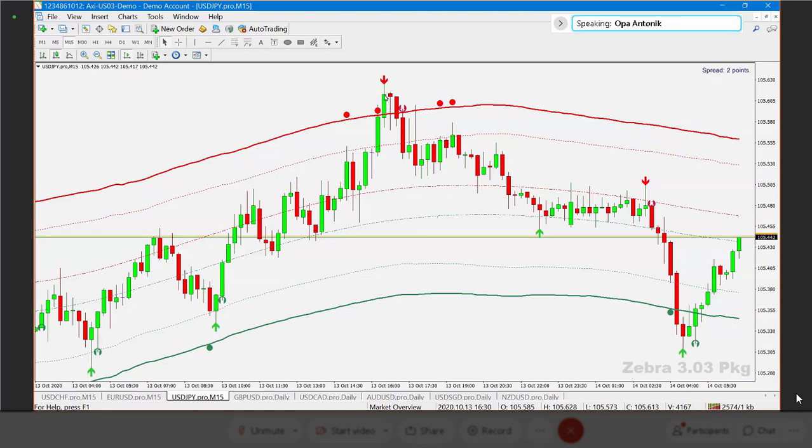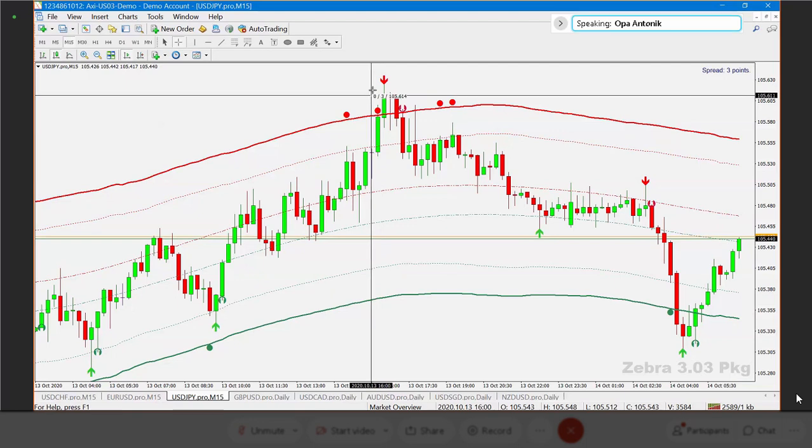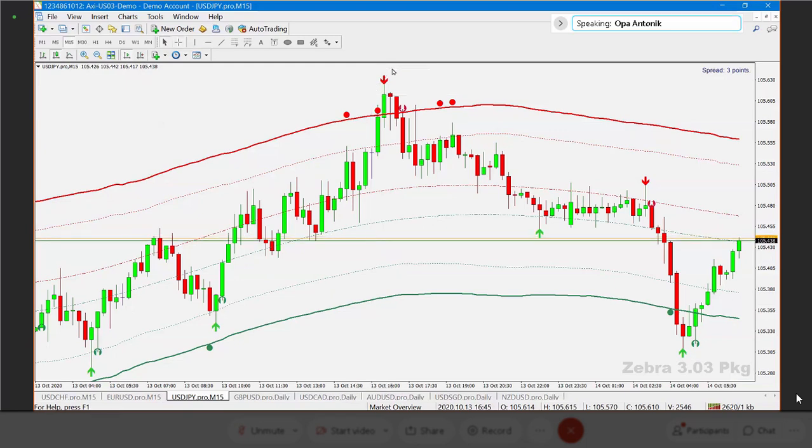It's well above here, so I can take this trade at this level, and my stop would have been up here. Look at my points. I would have had a 5 pip stop and easily looking for a 15 pip move with a 5 pip stop. 3-to-1, very, very good trading opportunity in a lower time frame. So that's how that works out.